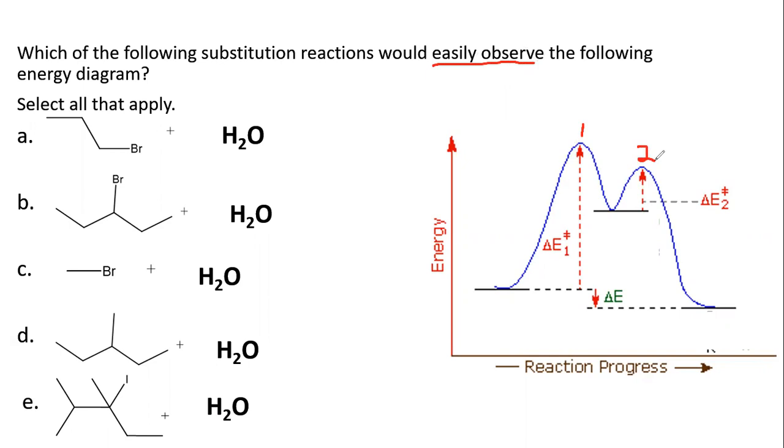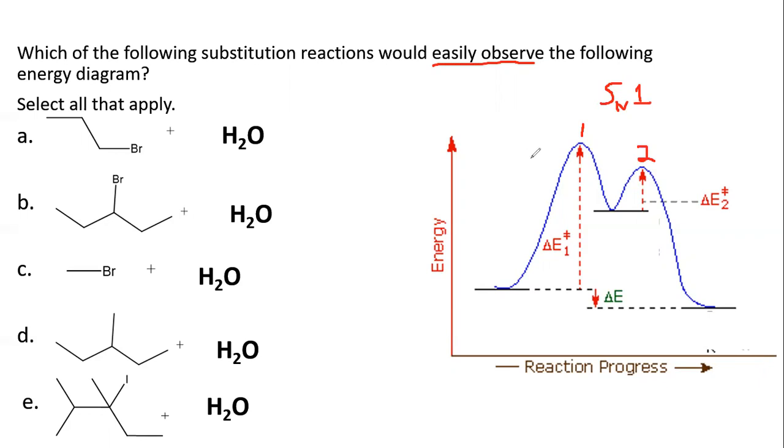So this is going to be an SN1 reaction. Because again, the energy diagram shows two activation energies which correlate to two steps in the mechanism. Therefore, it has to be an SN1 mechanism, or SN1 reaction.